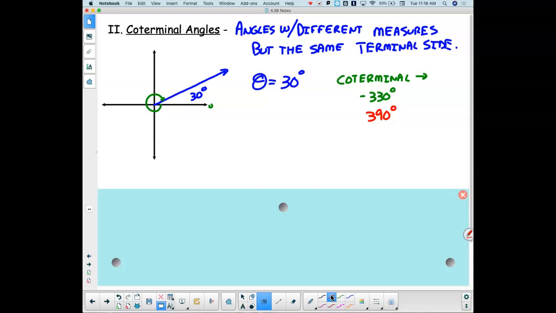If I start here, I go all the way around, that's 360, and I go 30 more, that's 390 degrees. Give me another one, a coterminal angle for 30 degrees.